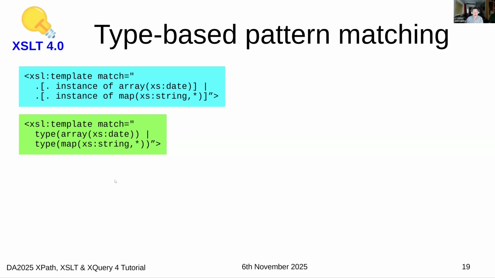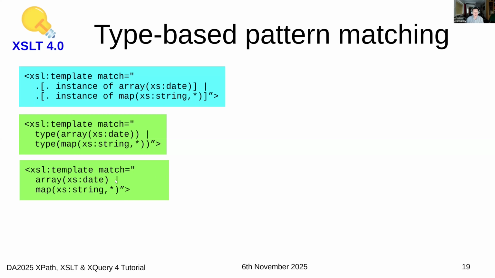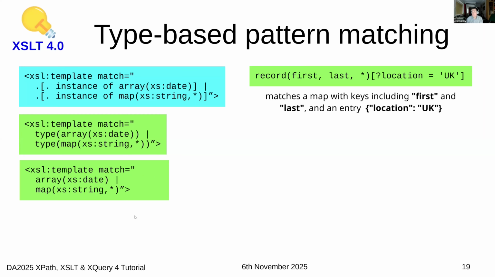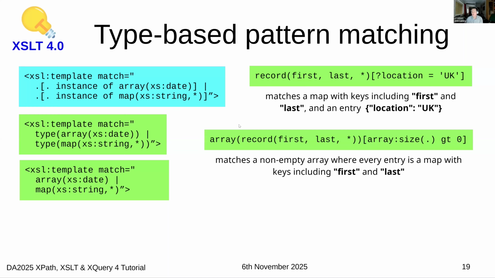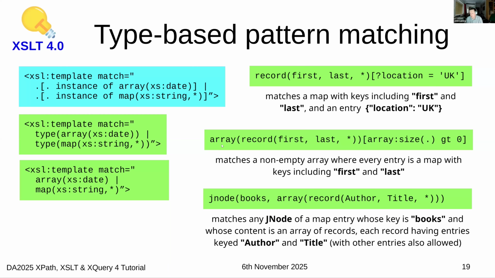We can now just say a type, or for the case of arrays and maps, we don't even need the type. And we can do things with records and array records and similar bits and pieces. And these become effectively patterns that we can use in the mapping.